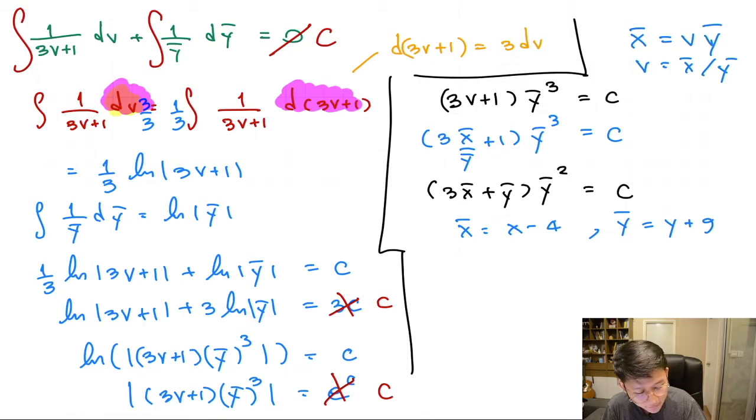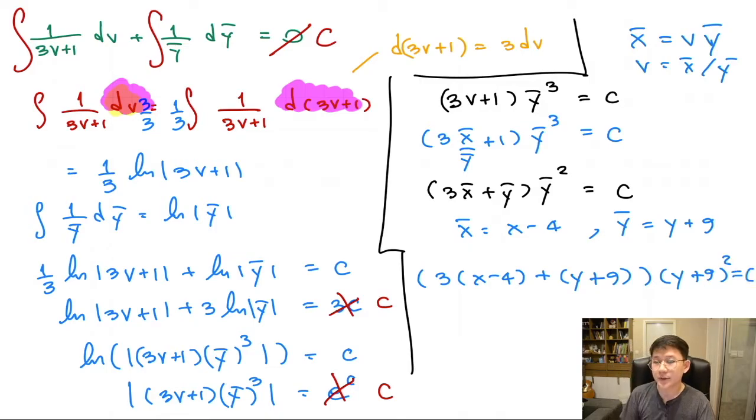So what I have is 3 times x minus 4 plus y plus 9, times y plus 9 squared, equals c. See? So we get the solution in terms of x and y.